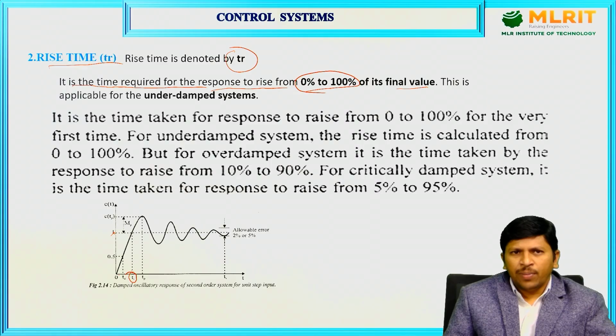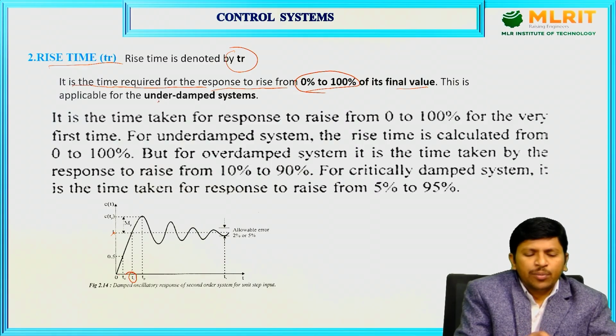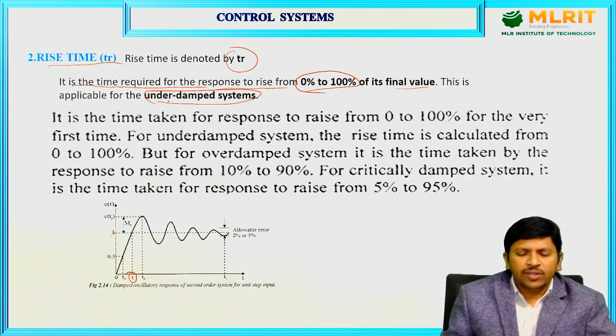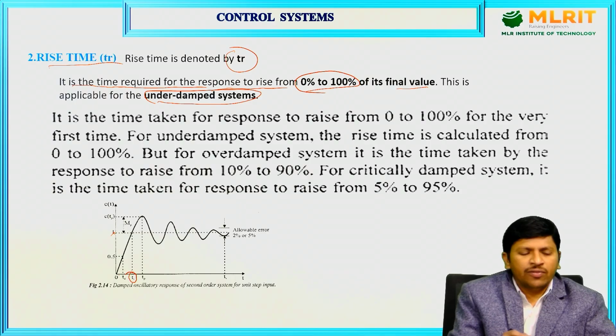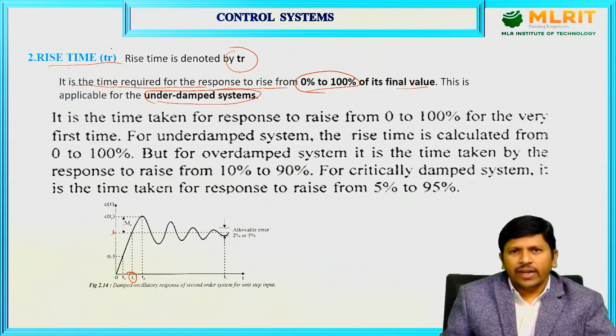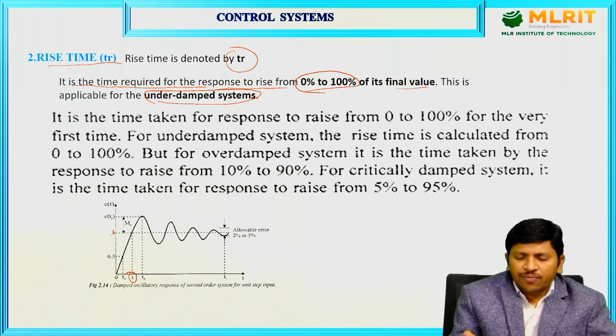This is applicable for the underdamped condition only. For an underdamped system, the time required for the response to rise from 0 to 100% of its final value is known as the rise time. For each and every system, we have different values available.